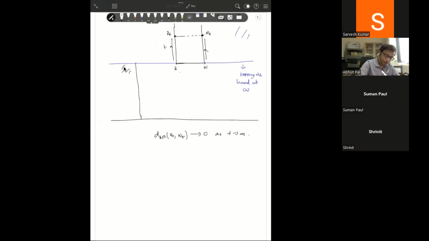Now if I draw the same picture for a horocycle based at some real number, note that in the above case this angle is 90 degrees.